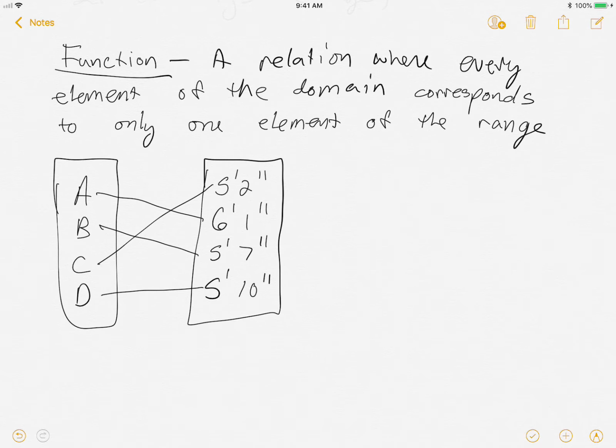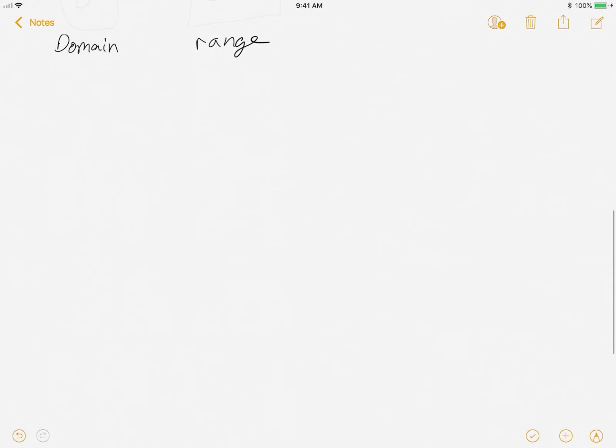This shows that every element of the domain corresponds to only one element of the range. This is an example of a function. And this will be true for everybody's height because every person in the world only has one height. Okay, so it only corresponds to one thing.